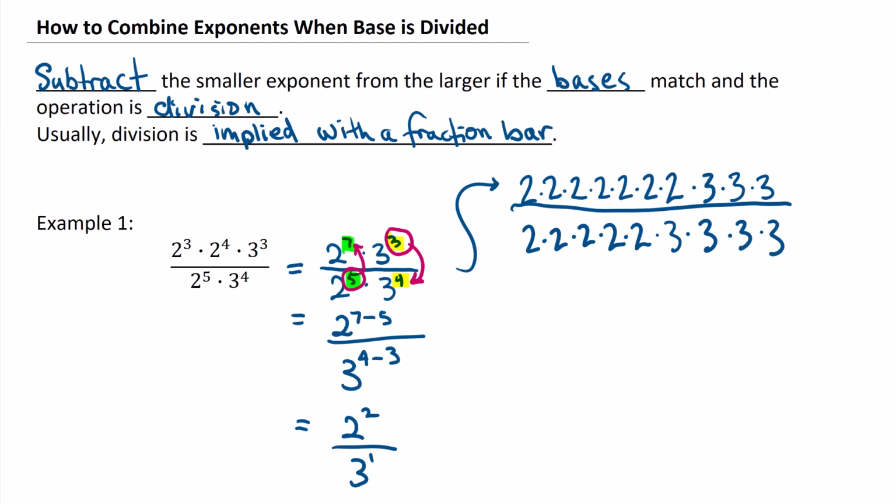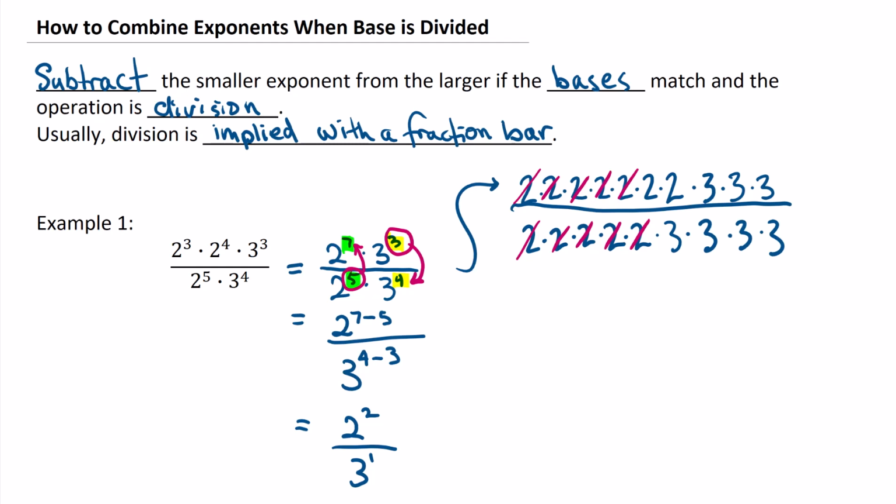Okay, this is not the optimal process, but I want you to see why it works. When I have a numerator and denominator of 2, that's equal to 1. 1 times anything is just that thing. So I can reduce out the same number of common factors in the numerator and denominator.